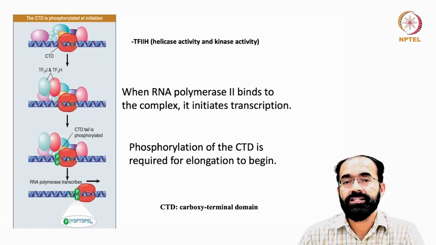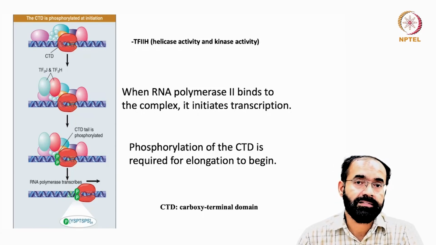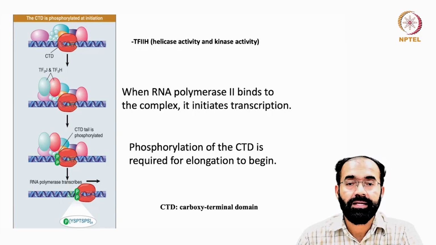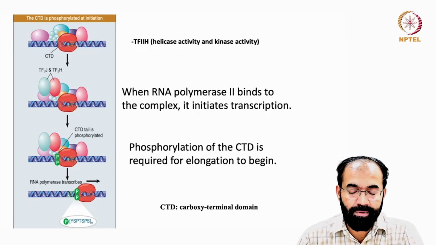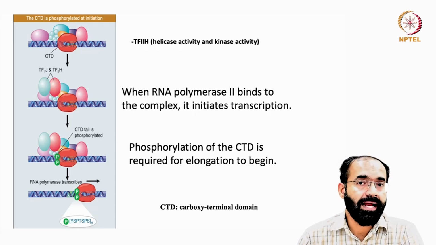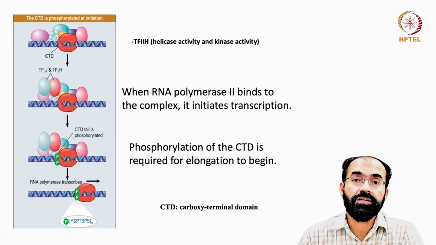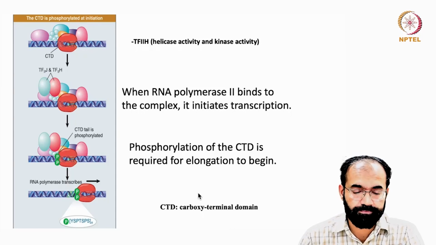So every protein starts with an NH2 end, corresponding to the 5' end of an RNA, located in the N-terminus, and towards the 3' end, or towards the end of the protein, you have a carboxyl group. So that is called the C-terminal of a protein. So we call it CTD, carboxy terminal domain.